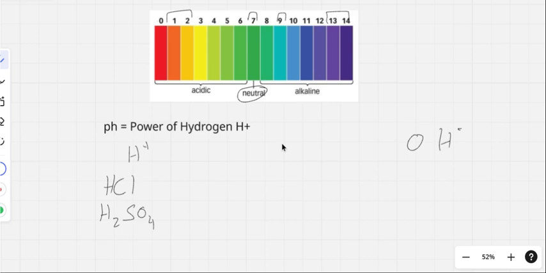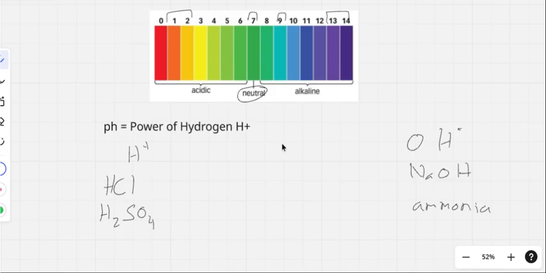And some examples of base are NaOH, or even ammonia. You may have heard of that before, maybe not. So we know that acids taste sour and bases are really slippery, but you don't ever taste or touch them. You should always use an indicator.